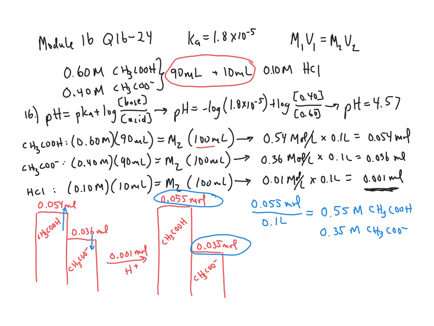So after this reaction, we can run the Henderson-Hasselbalch equation one more time to find our new pH. pH equals the negative log of my Ka, 1.8 times 10 to the minus 5, plus the log of my base concentration. My new base concentration is 0.35 over my acid concentration, 0.55. The new pH of this buffer after I add the HCl drops down to about 4.55.